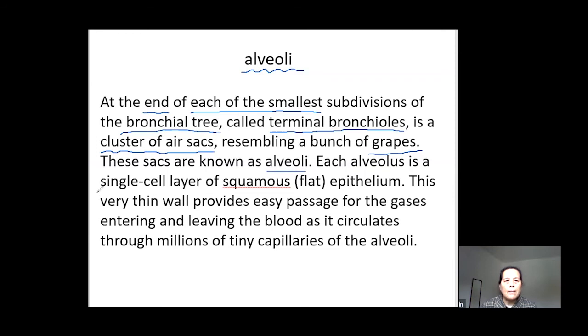It's formed by a single layer of epithelial cells. This way, gas passes easily from the blood circulation to the alveoli, and from the alveoli to the blood circulation. So we have millions of pretty tiny capillaries around the alveoli.